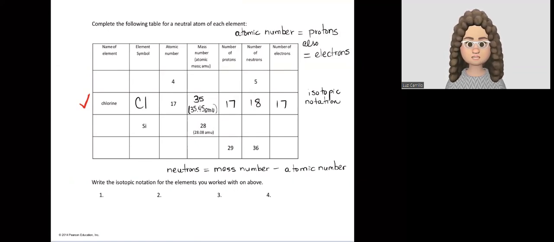We have the chemical symbol, Cl. On the top, I'm going to put the mass number, remember, the atomic mass rounded to a whole number. On the bottom, I'm going to put the atomic number for my element, which is 17. So you can see that this is the isotopic notation for this isotope of chlorine.